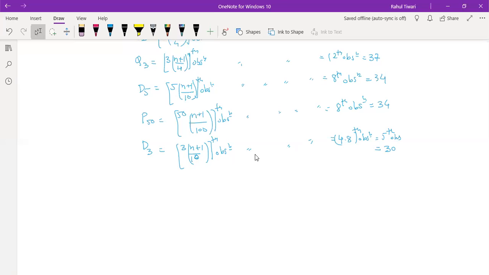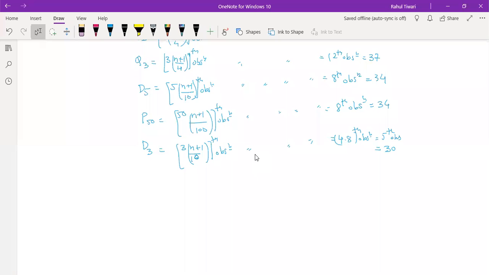But if it is 4.5, you have to take the middle of 4 and 5. If it is above 4.5, even if it is 4.52, you have to take the next observation. Whenever it is exactly 4.5, you take the midpoint of 4 and 5. Whenever it is 4.98, still you take the previous observation. Make sure these are all concepts.